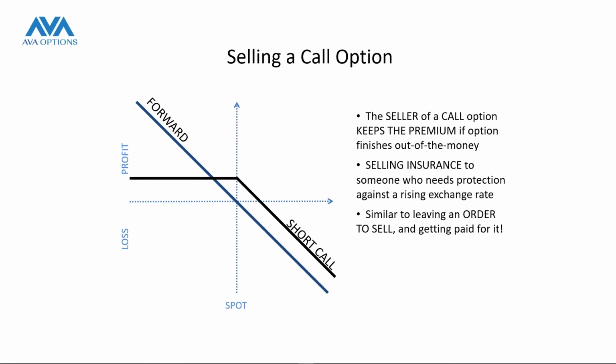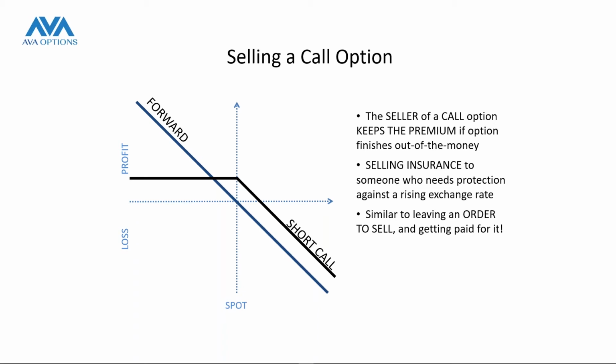Here's something else you can do with an option that's really super cool. You can sell options, not just buy options. Think of yourself as being the insurance company. You have a view that the market is not going to go higher. You're willing to insure someone else who has risk to the market going higher.